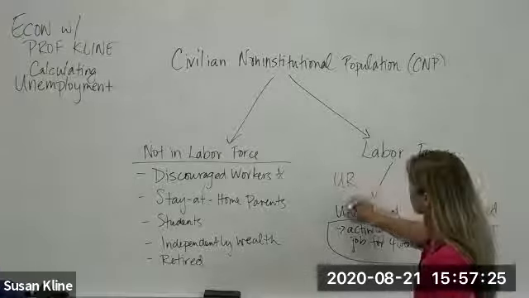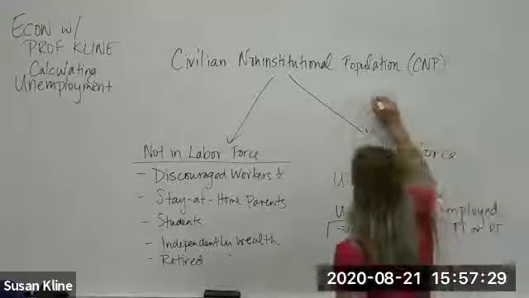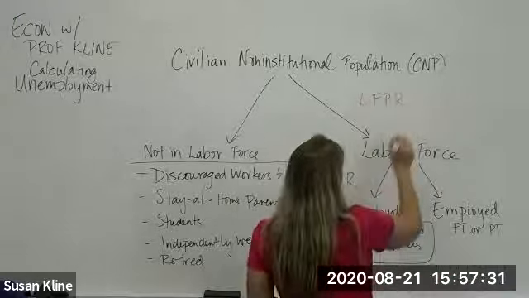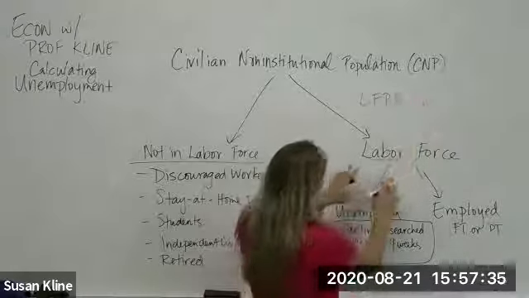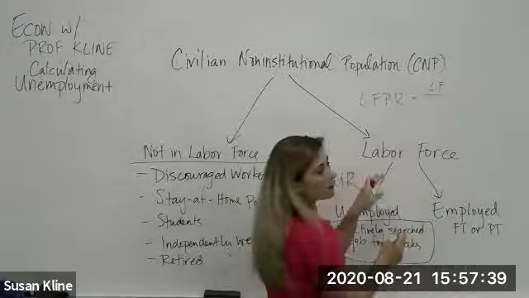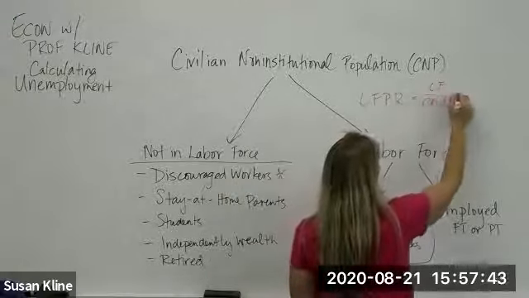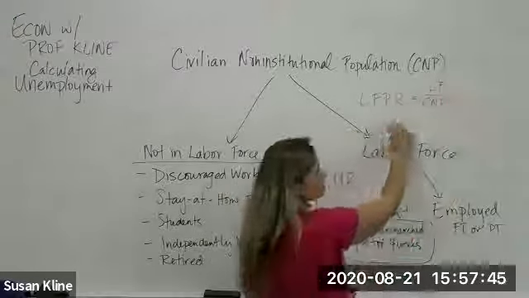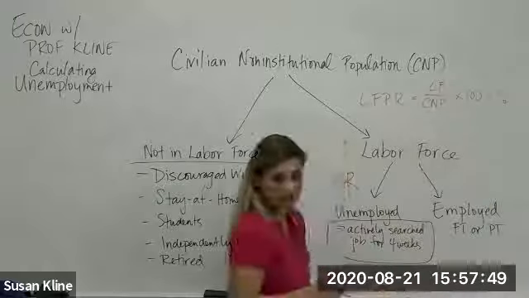Well, what we should do is consider not just the unemployment rate by itself, but also the labor force participation rate, okay? And so the labor force participation rate is to take the labor force, I'm going to call that LF, and divide it by the civilian non-institutional population. And because it's a rate, we multiply it by 100 and express it as a percent, right?